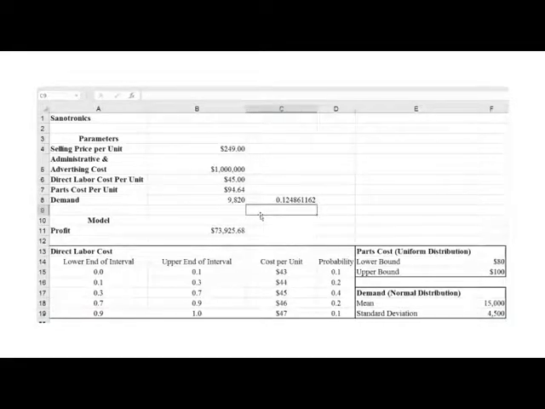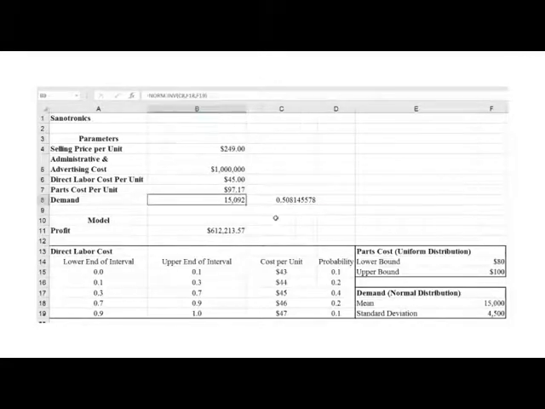If we hit the F9 key, we can generate new normal random variables from this distribution. For instance, the value of 15,092 is such that about half of the values are smaller than this, 50.81%. If we tap F9 again, we get a value of 17,167.